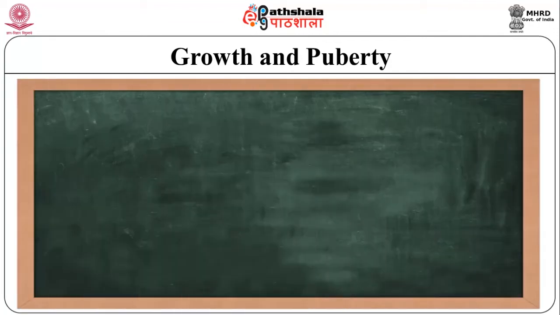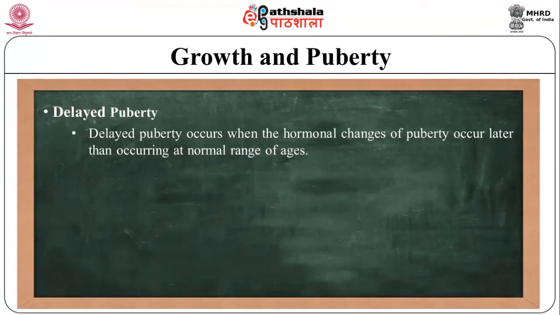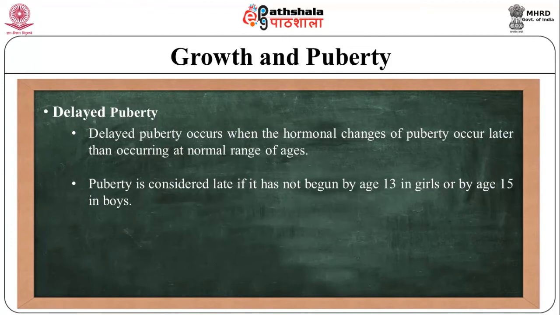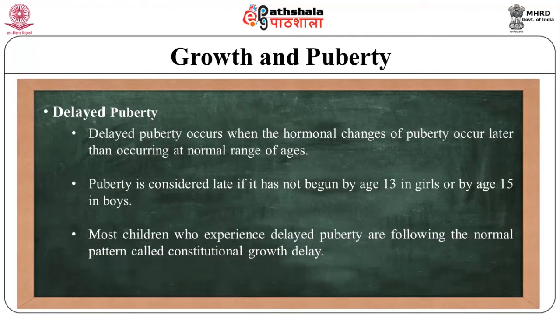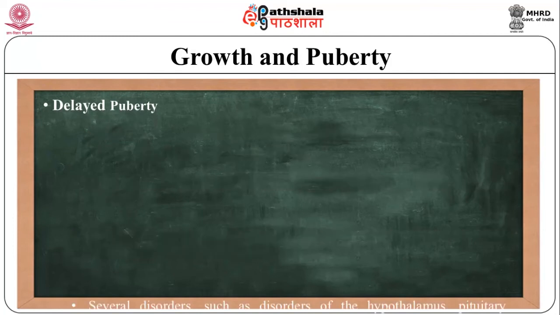Now, delayed puberty. Delayed puberty occurs when the hormonal changes of puberty occur later than the normal age range. Puberty is considered late if it has not begun by age 13 in girls or by age 15 in boys. Most children who experience delayed puberty are following the normal pattern called constitutional growth delay.